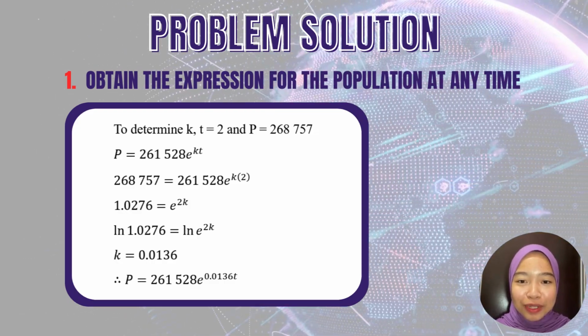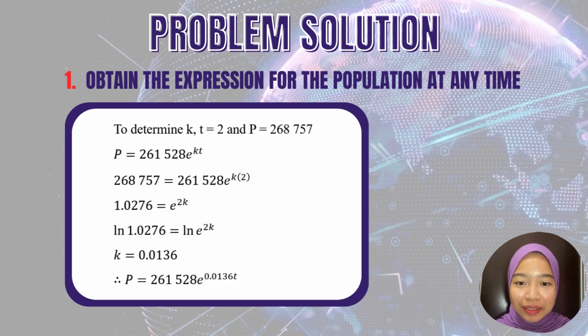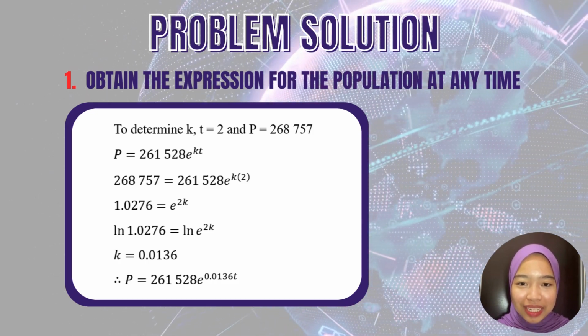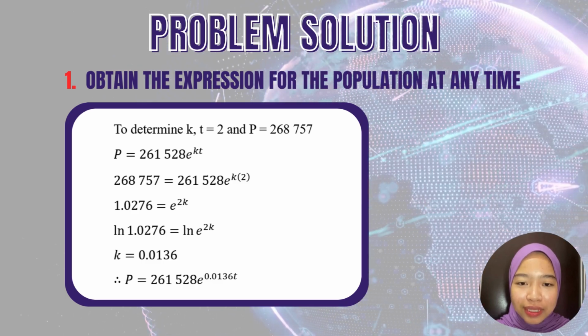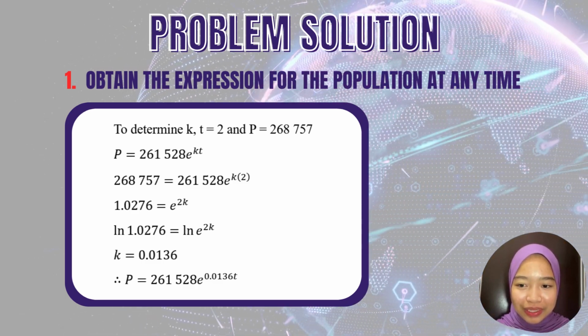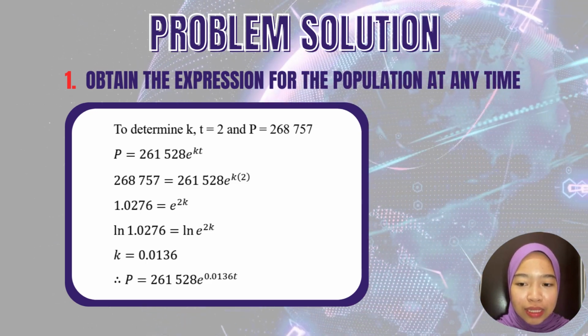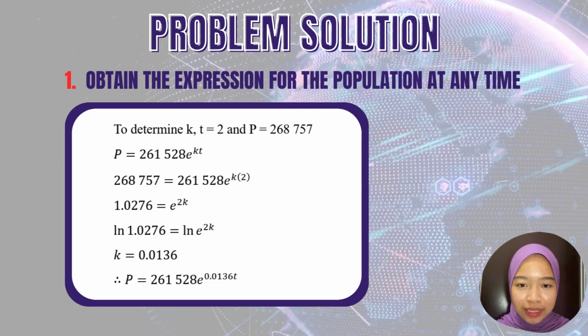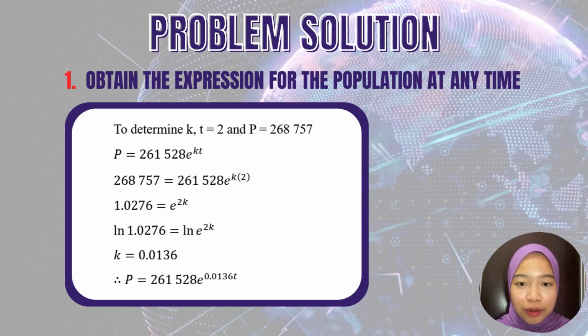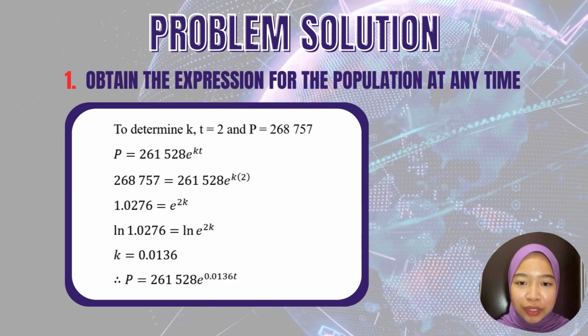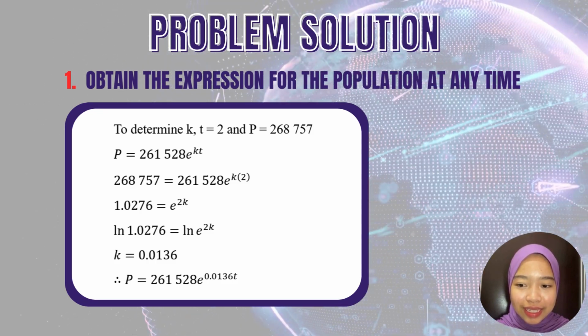Next, we need to calculate the value of k, the growth rate constant, using the given data. Substitute all this data into the general equation. Then we divide both sides by 261,528. Simplify it and we get the value of k, which is 0.0136.